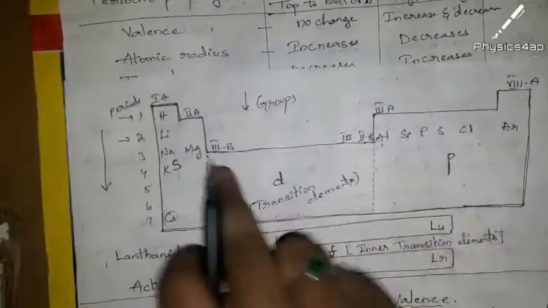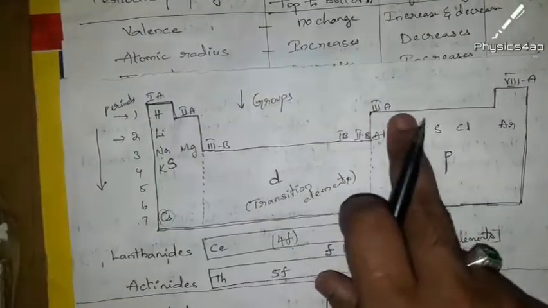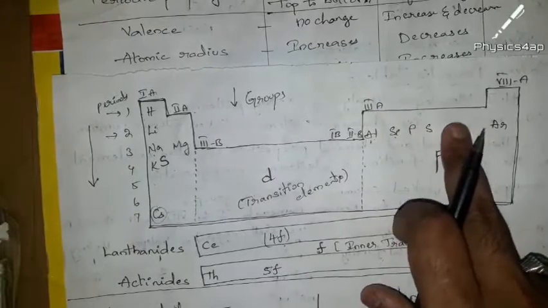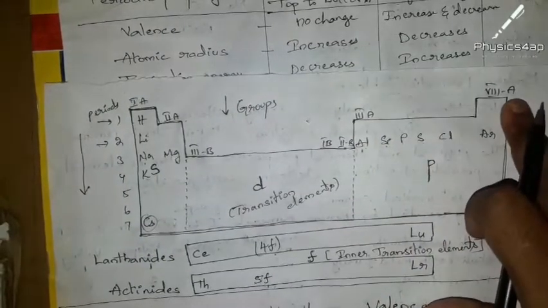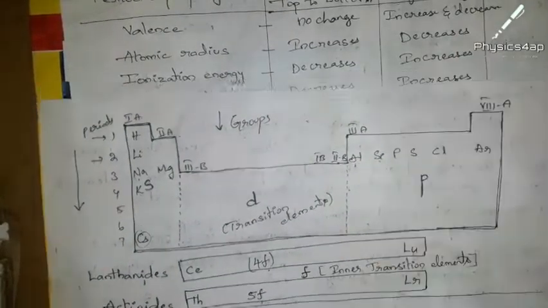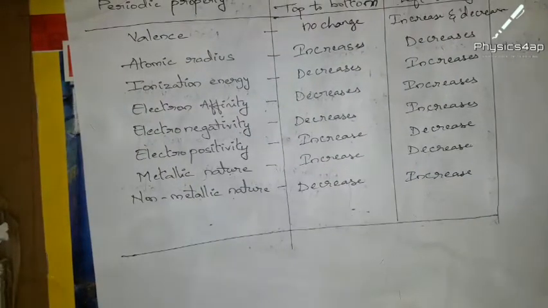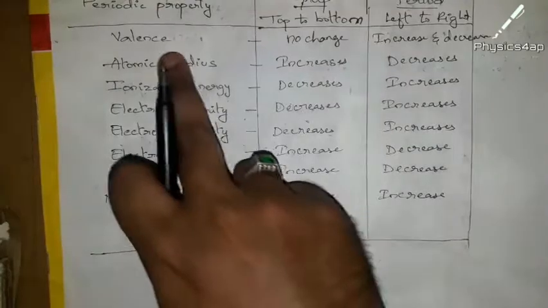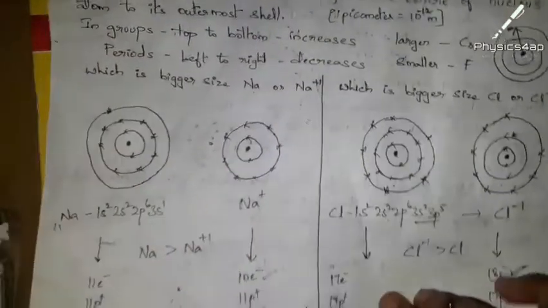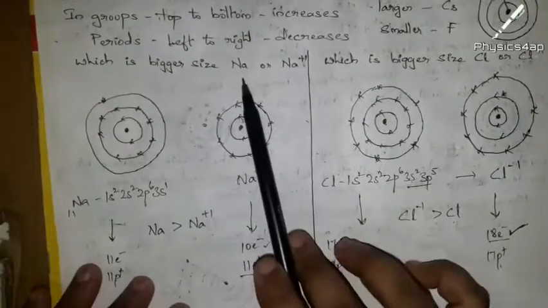So in this session we have discussed the valency, and next the atomic radius, which of Na plus 1 and Cl minus 1 is smaller and which is bigger. Next we discussed the ionization energy, the energy required to remove an electron.